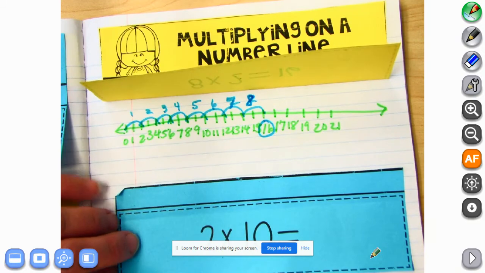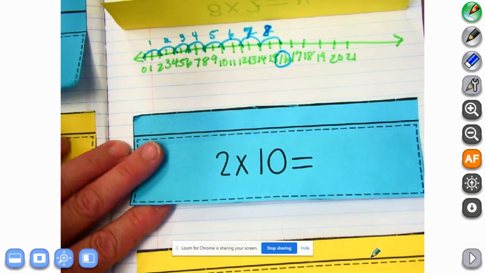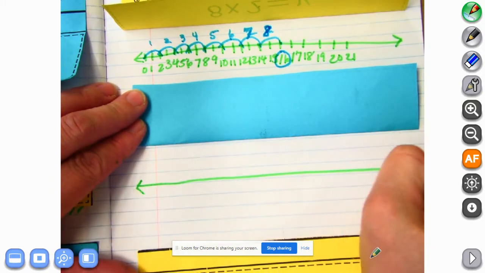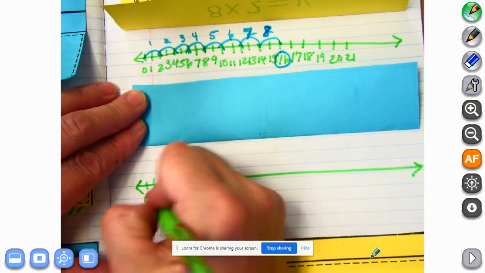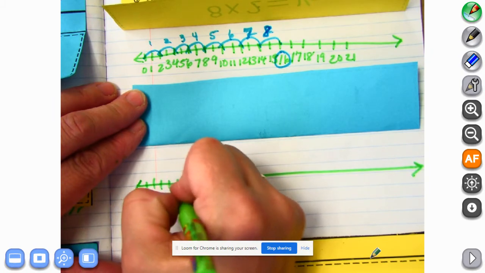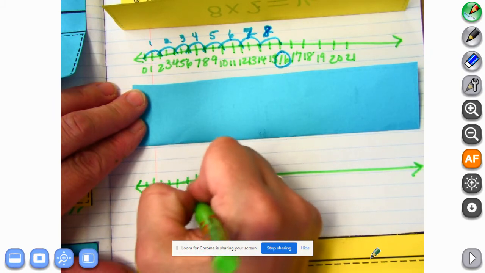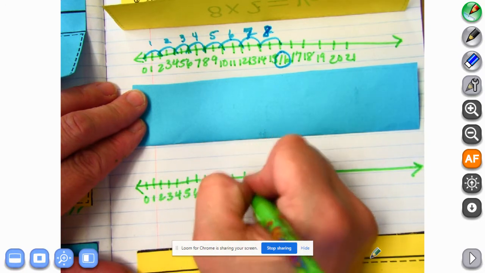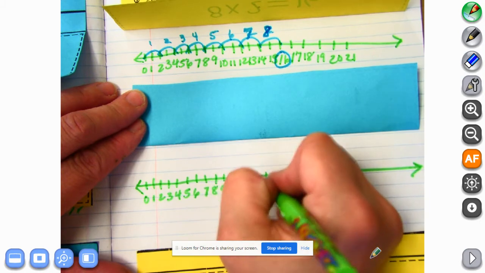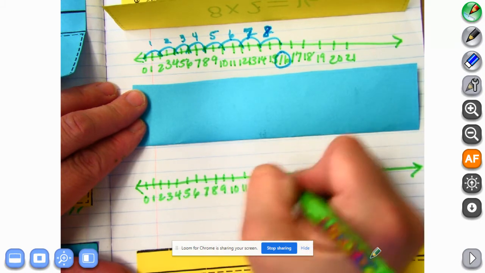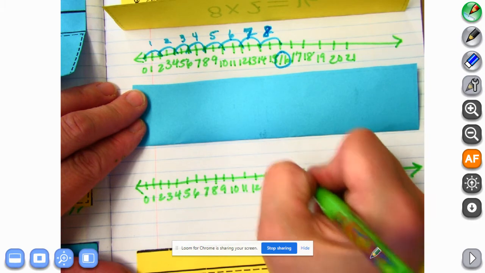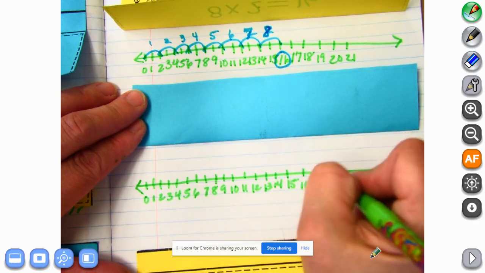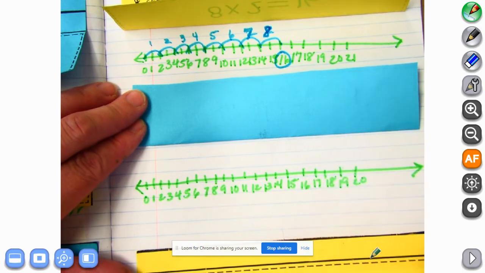Okay, we're going to go to 2 groups of 10. So I know I need to have at least a number line that's long enough for 10. 0, 1, 2, 3, 4, 5, 6, 7, 8, 9, 10, 11, 12, 13, 14, 15, 16, 17, 18, 19, 20.